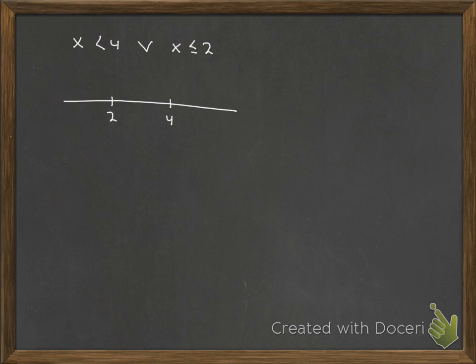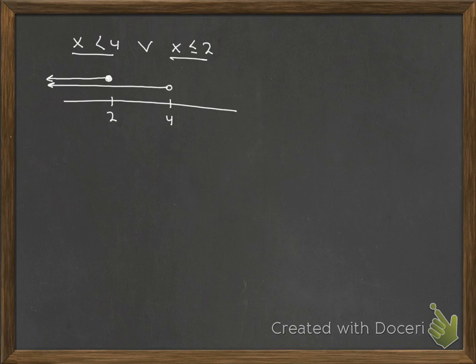Okay, so X is less than 4, open hole goes to the left, or X is less than or equal to 2. So that hole gets filled in and it also goes to the left. Now, because this is a disjunction, we're looking for the union of how much of the number line both of those lines, both of those solutions here, cover.